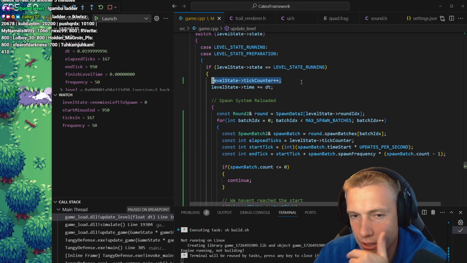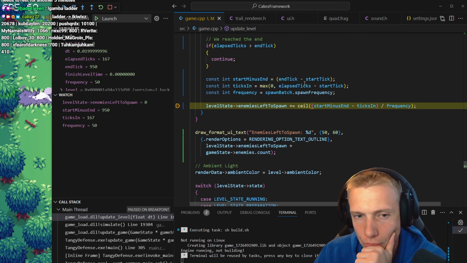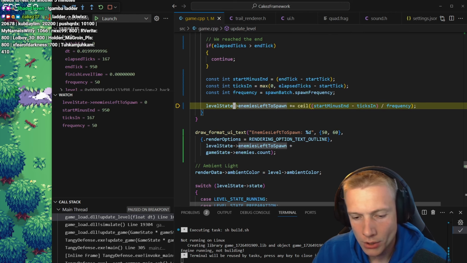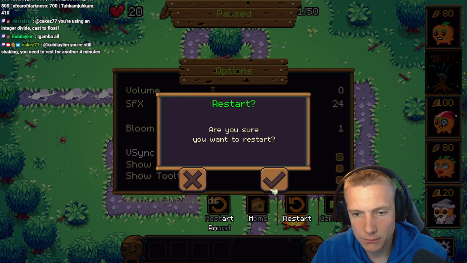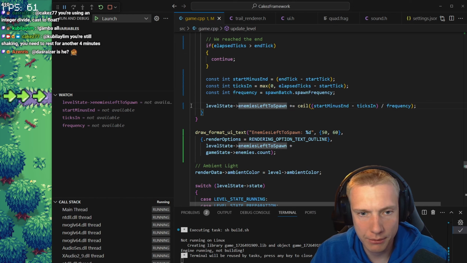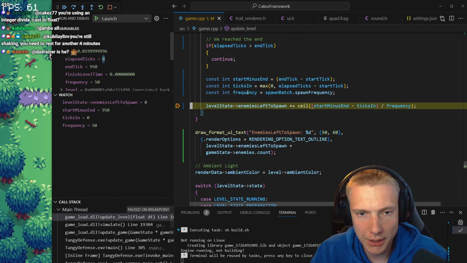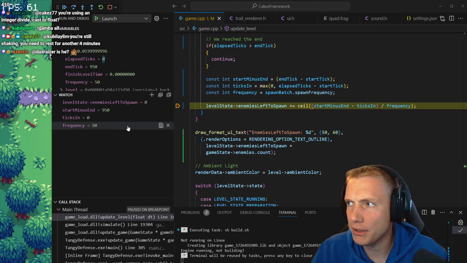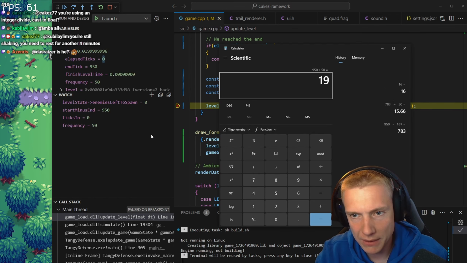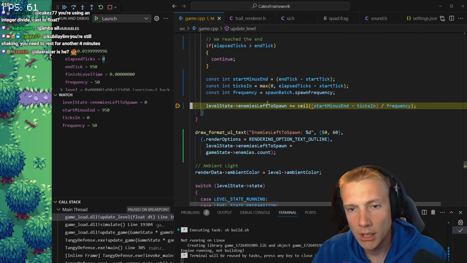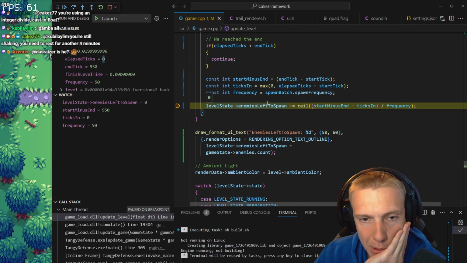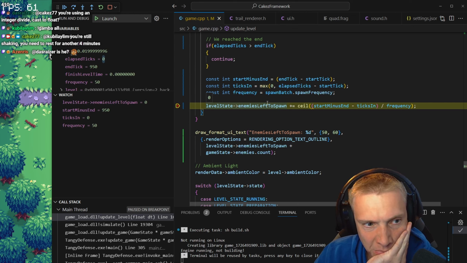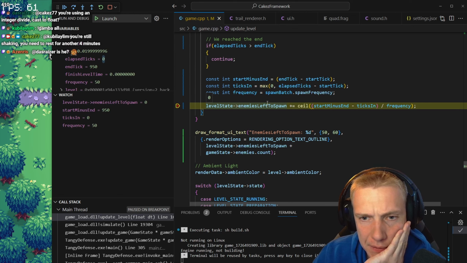But then the enemy is there. Let's test something. If I restart this, right? It gives me 19. Interesting. So we have 950. We divide that by 50, which is 19. I see. So that's the first problem. Because 950 is wrong.